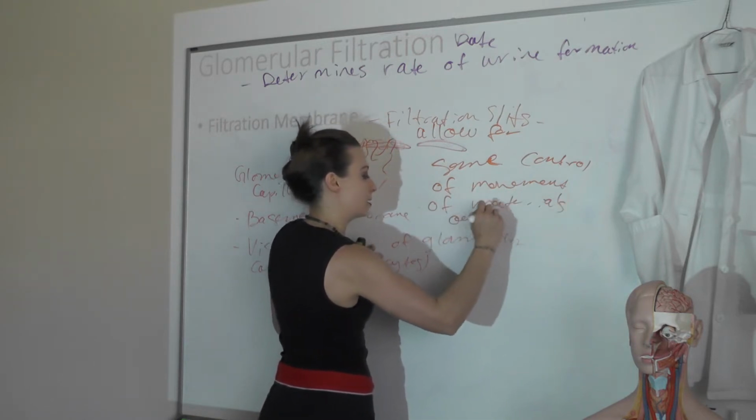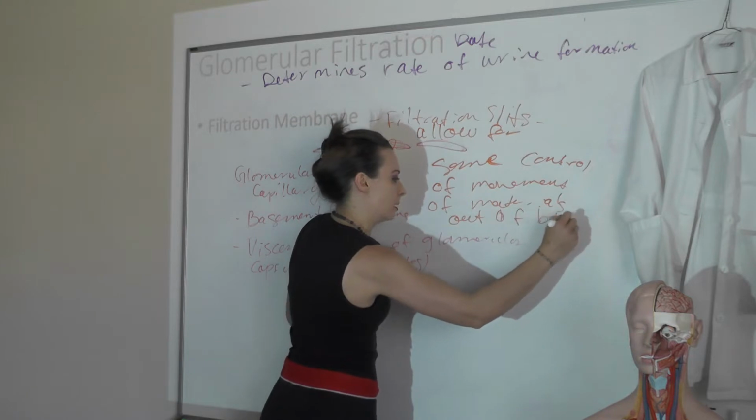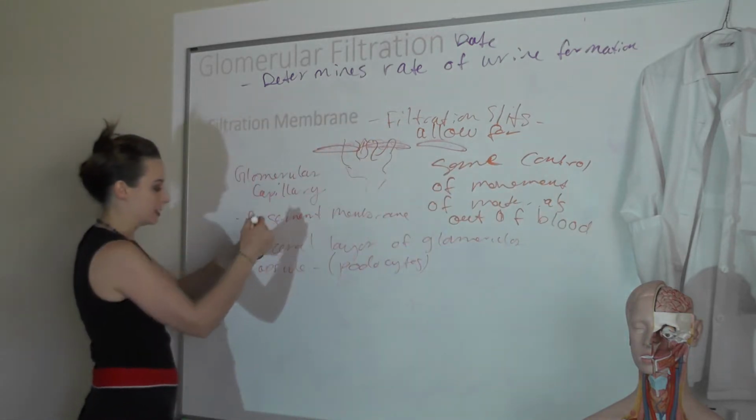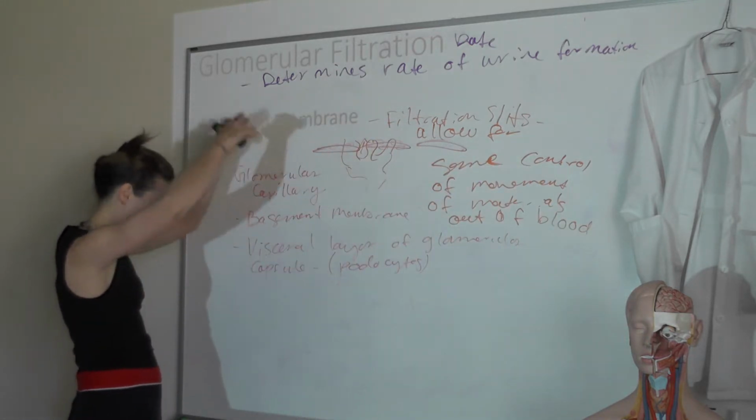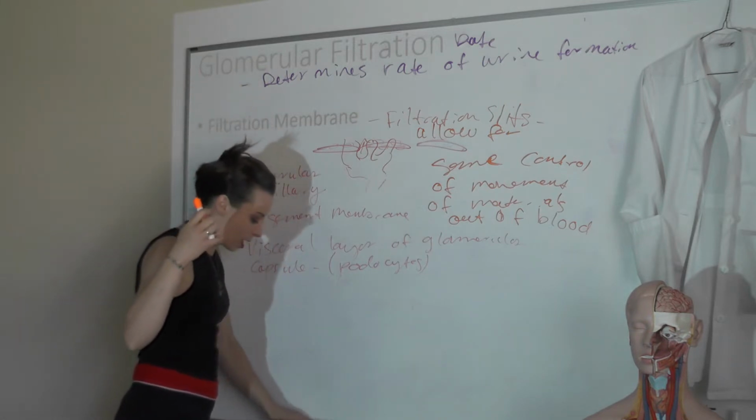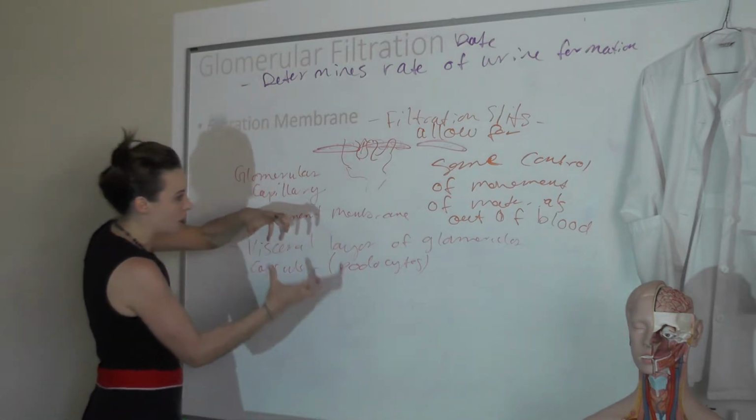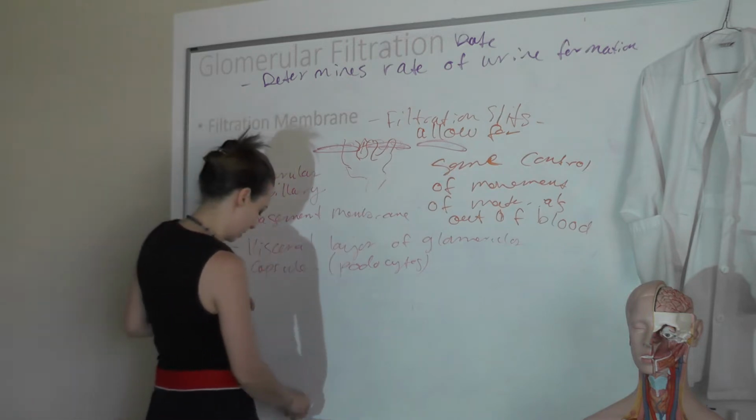What do I mean by that? Well, by wrapping around and creating this filtration slit, I can allow for smaller things to get through, but I can control and allow larger things to stay in the glomerulus.